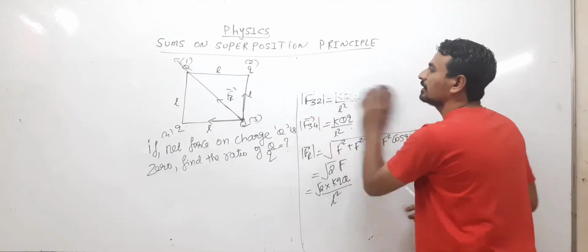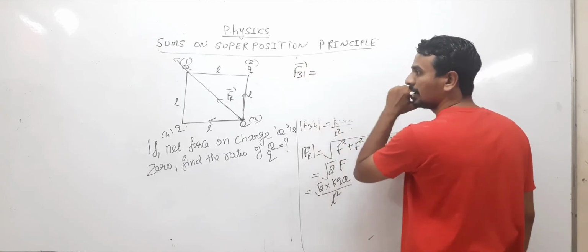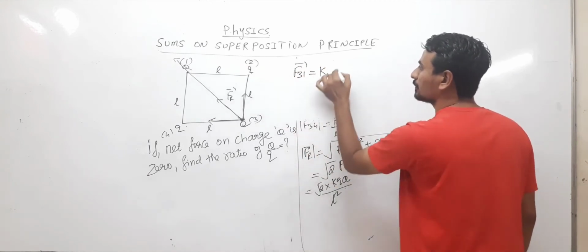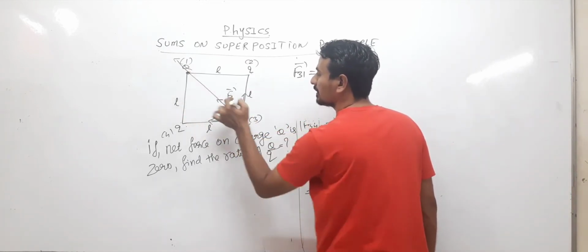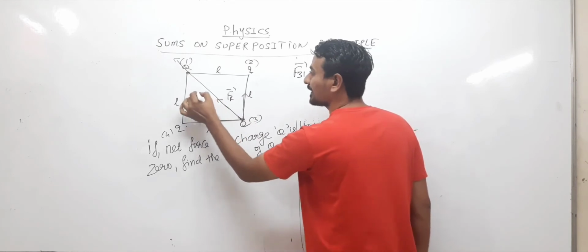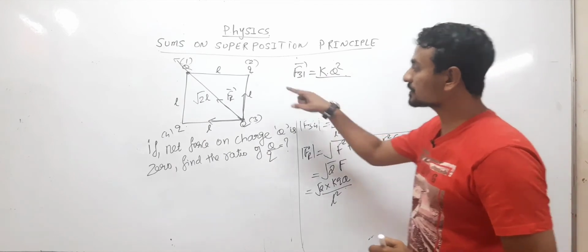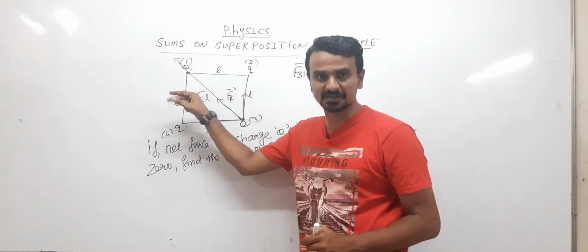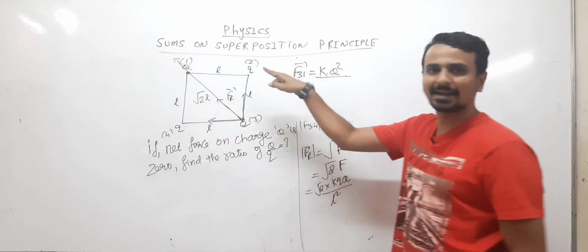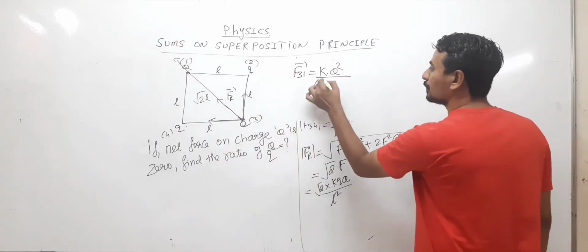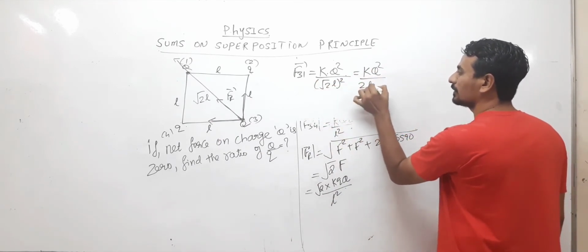Okay, so what is the force on 3 because of 1? It will be KQ square upon the distance between these two charges. This is L, this is L, so as per Pythagoras theorem, this will be root 2 L. So this is the force acting on the third charge because of the first charge, in the same direction as the resultant force because of the second and fourth. So this will be root 2 L the whole square, that is KQ square by 2L square.